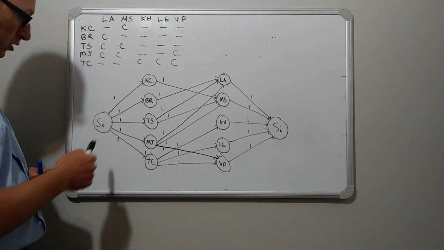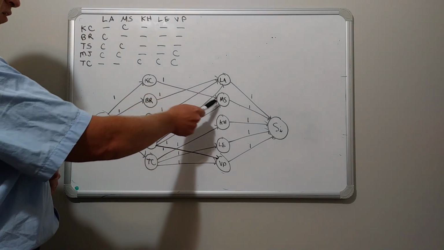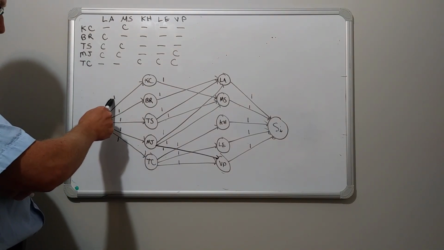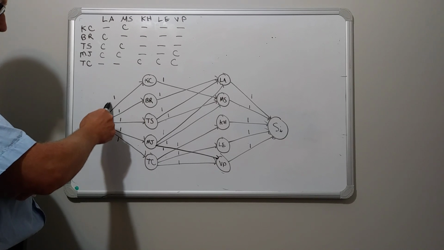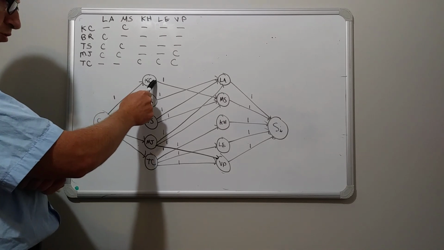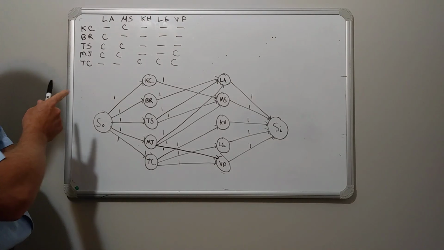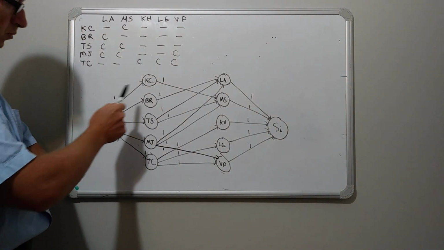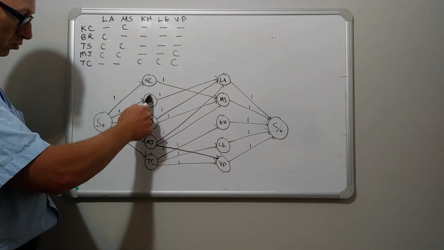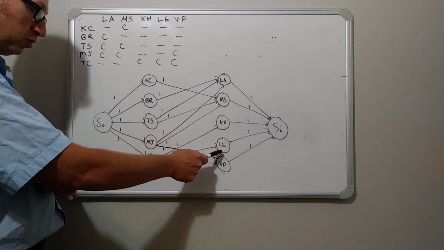So suppose we match KC with MS. Then we'll flow 1 here. 1 unit will flow from here to here, and that unit will flow from here to here, and that unit will flow from here to here. Now, because only 1 unit can possibly flow into each of these row people, they can only match with 1 of the column people.